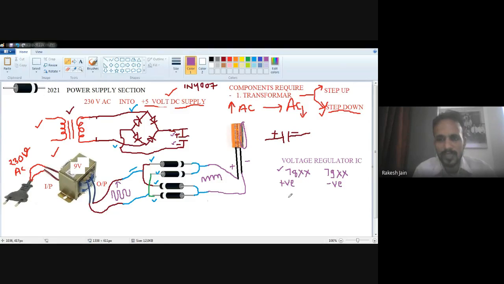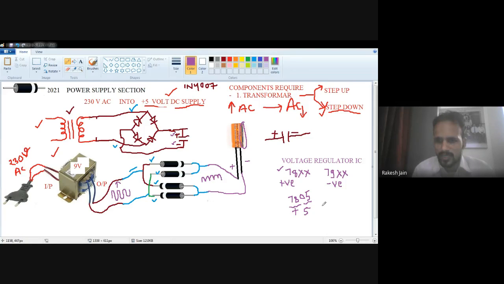Now how do we understand what voltage it is? 7805 means a voltage regulator IC which generates positive, 78 means positive, and 05 means 5 volt. So an IC which generates plus 5 volt.